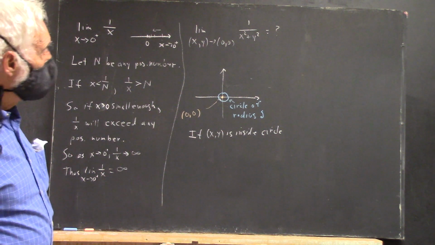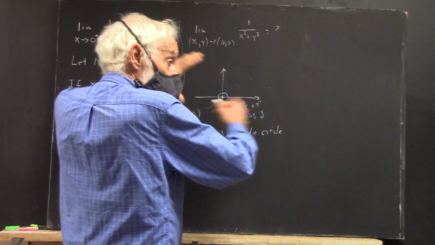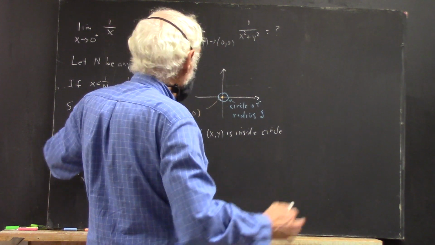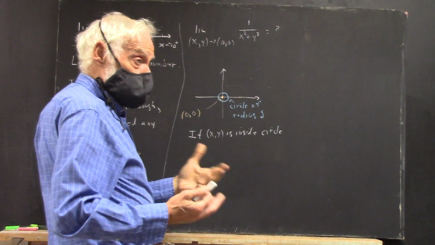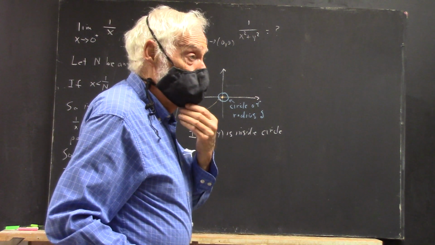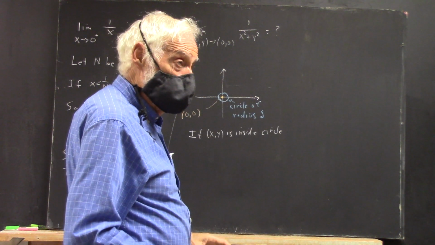Now if we have a function of 2 variables, then it lives in the plane, and you're going to be approaching some value, well, some point in the plane. Okay? In 3 variables, it's going to be approaching some point in space.